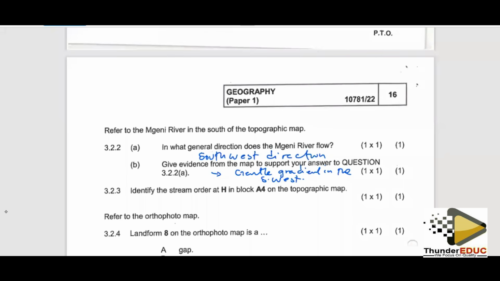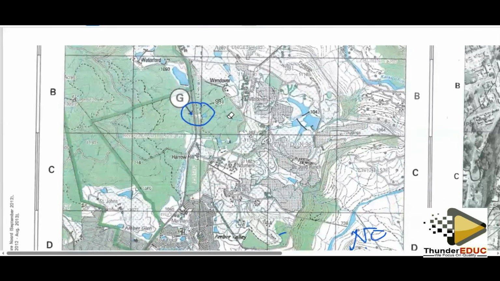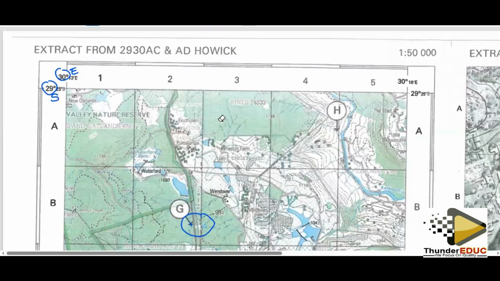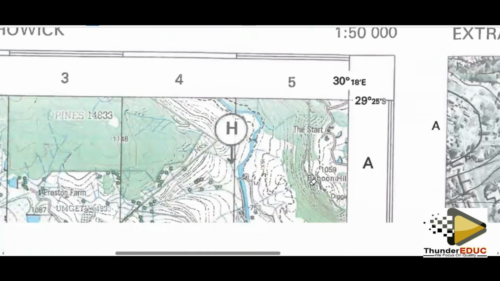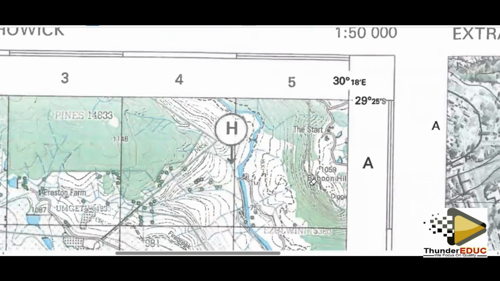Let's proceed to question 3.2.3. Identify the stream order at H in block F4 on the topographic map. Block F4. So this is at H here. Let's try to zoom in. Okay, so you can see at this point, this is H here.